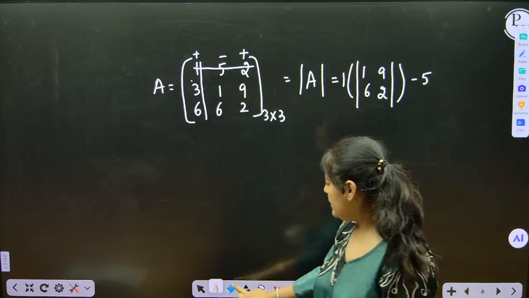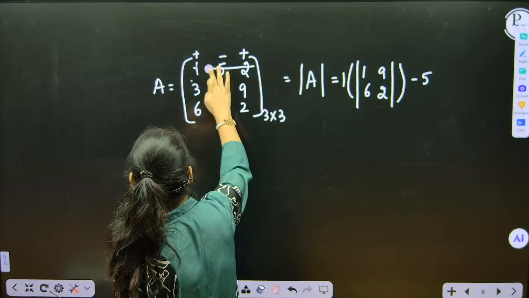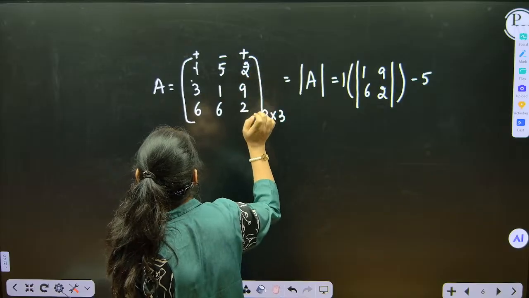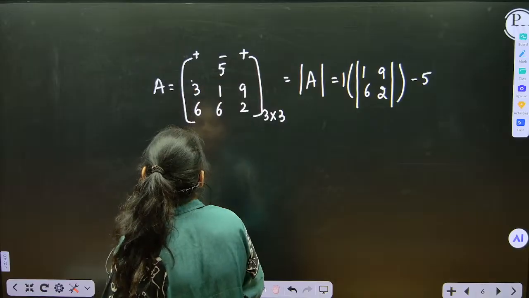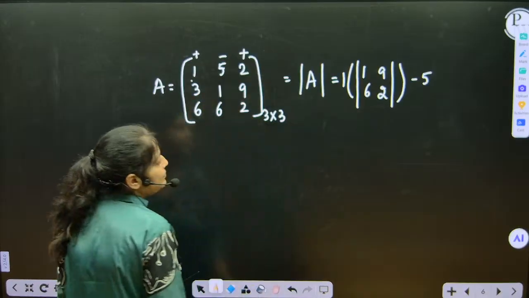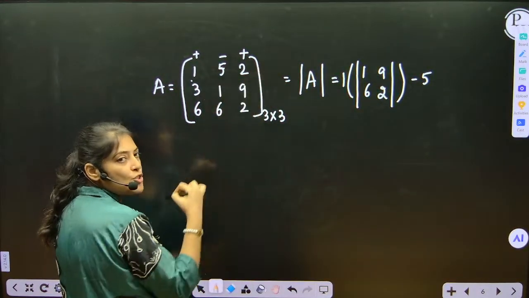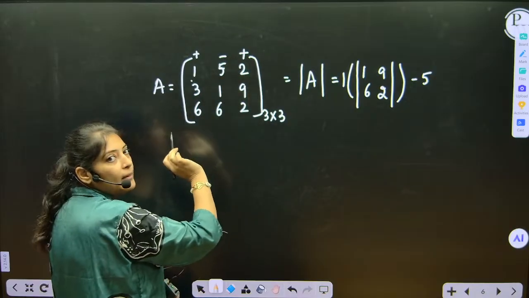Now let me erase this once. It is 2 only. It is 1. Okay. Now 5 is in which row? First row, leave that. Second column, leave that.